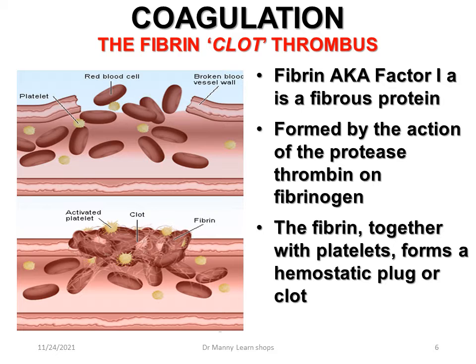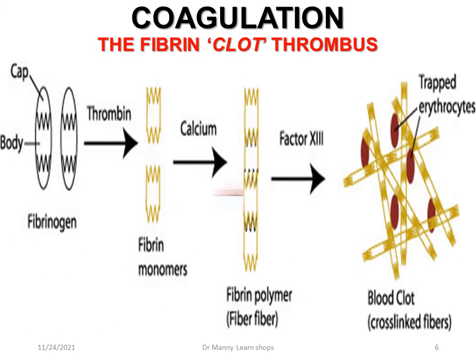The fibrin together with platelets form a hemostatic plug or a thrombus or a clot. So therefore the fibrin clot or thrombus in conjunction with calcium is very important. Calcium is the link for all the factors to eventually form the blood clot.